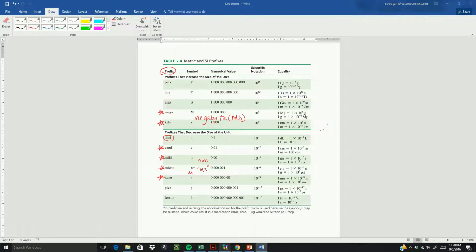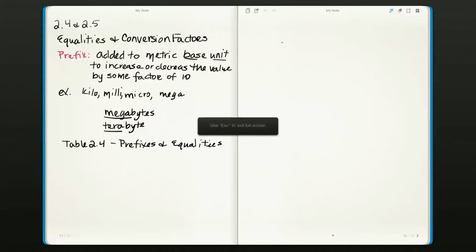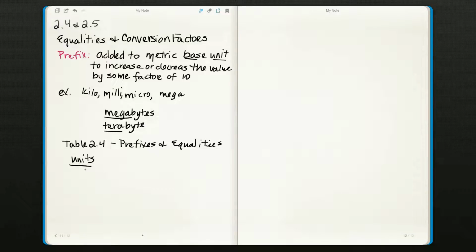So again, units of measurement for the metric system are the following. You guys have seen this in lab, but I'll talk briefly about it here.